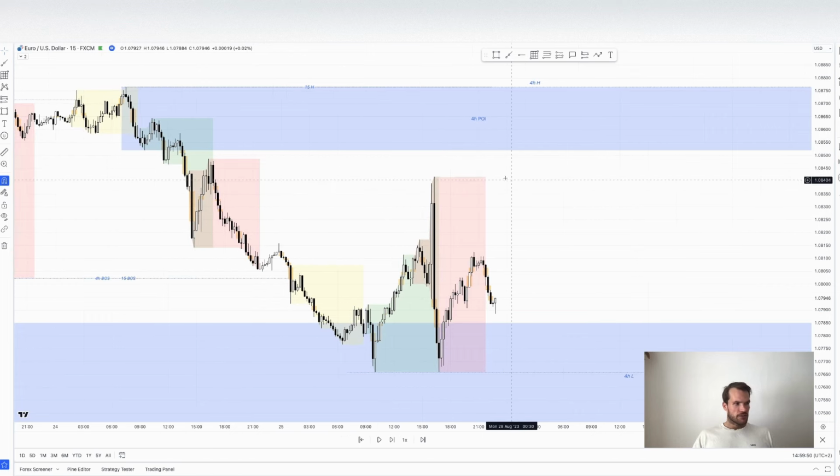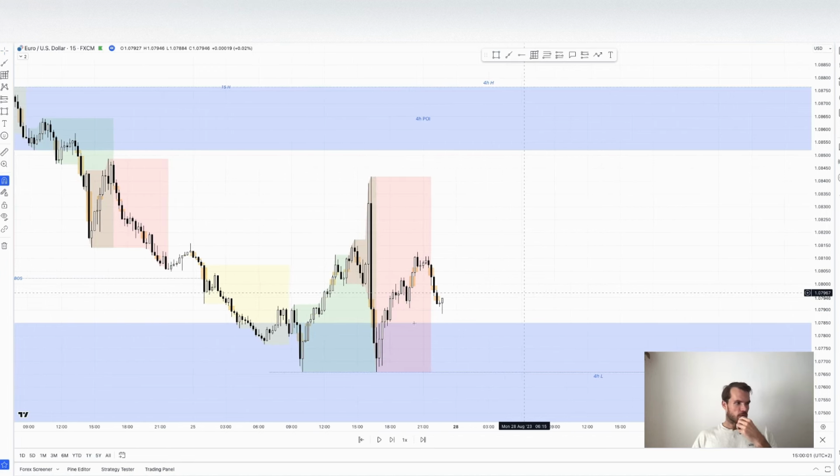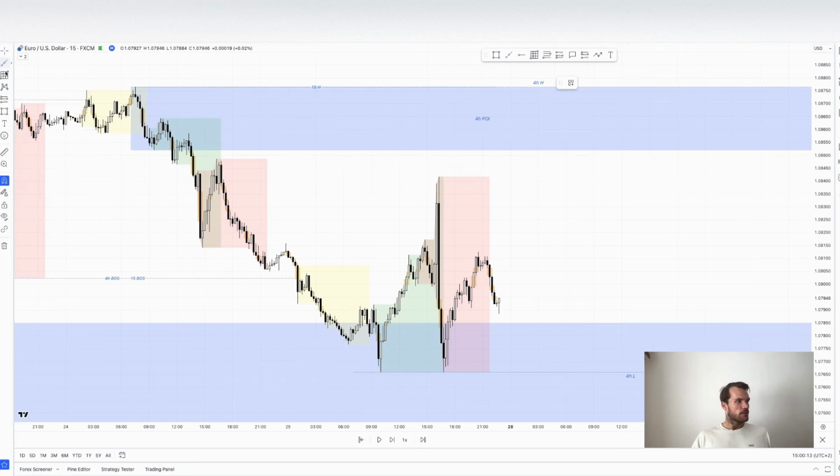Not really that interested in anything here because we've just double bottomed here. Potentially shorts from here if we get a 4-hour rejection. Otherwise we're just internal of this huge range here that's not very exciting. So maybe if we break here, but no, I don't want to look for longs.